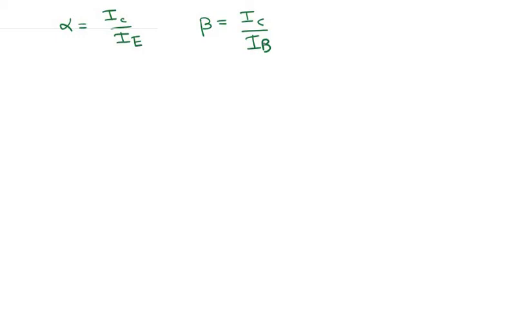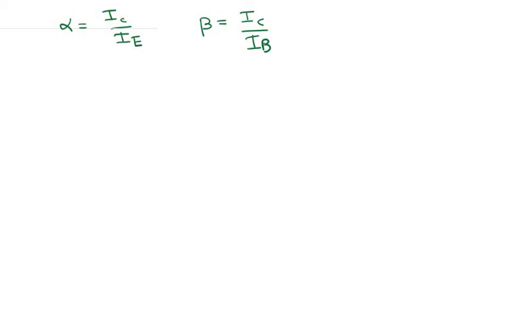Alpha is the parameter of importance in the common base configuration, and beta is the parameter of importance in the common emitter configuration. So these parameters are important in two different configurations, but these are basically the properties of the transistor. So it doesn't matter whether we bias our transistor in the common base configuration or in the common emitter configuration.